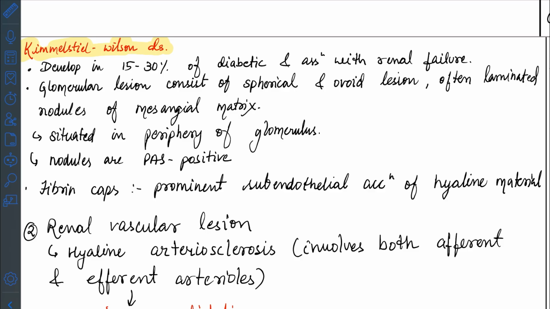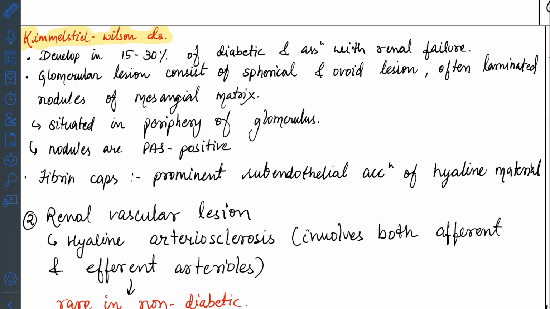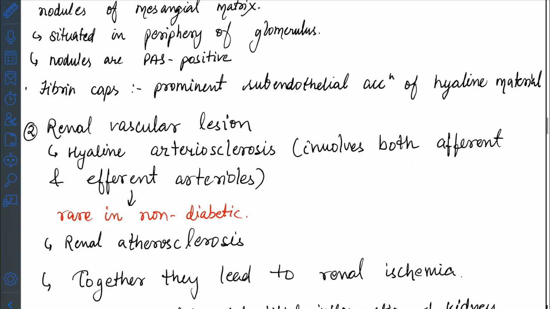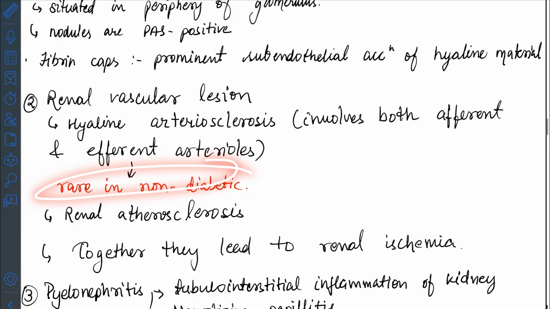The second microscopic feature here is the renal vascular lesion, which is hyaline arteriosclerosis. It involves both afferent and efferent arterioles of the glomerulus. It is rare in non-diabetics. The renal atherosclerosis ultimately leads to renal ischemia.